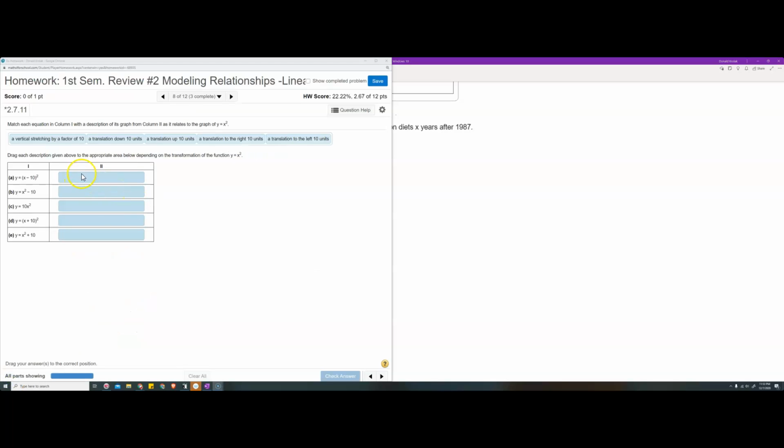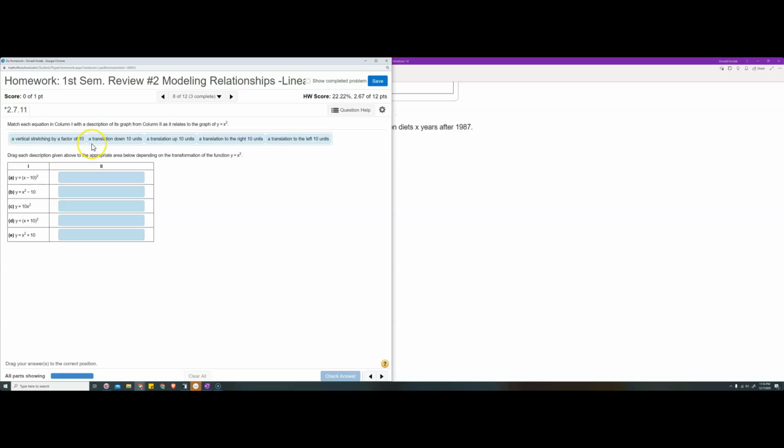All right, our next problem here has to do with transformations. So these are asking you're just pulling these and putting them where they were with the appropriate equation. So x minus 10 quantity squared. That's inside the parentheses, so that's bizarro world.